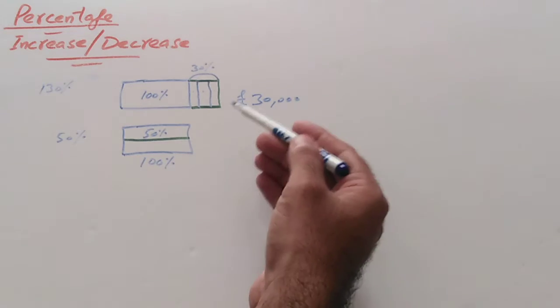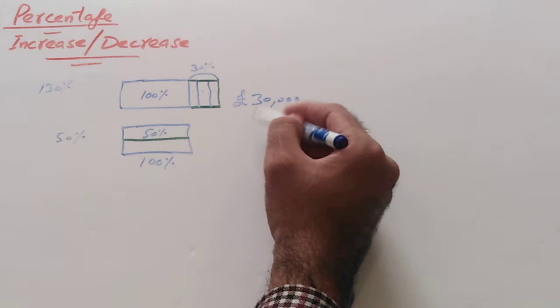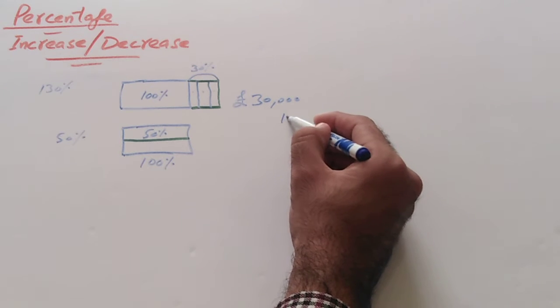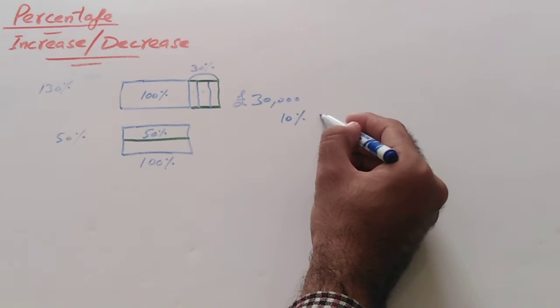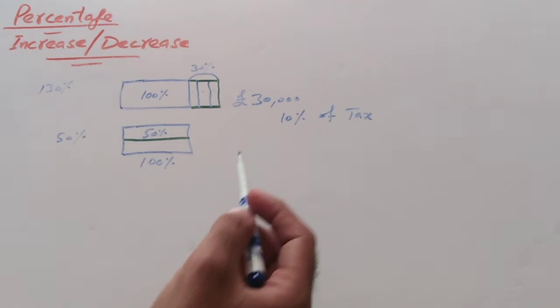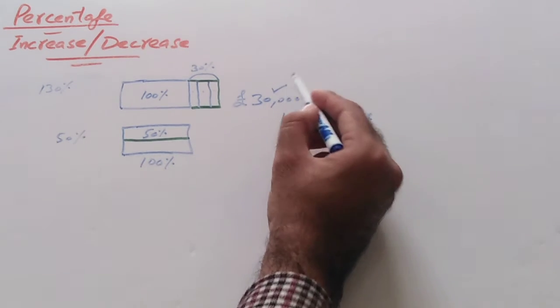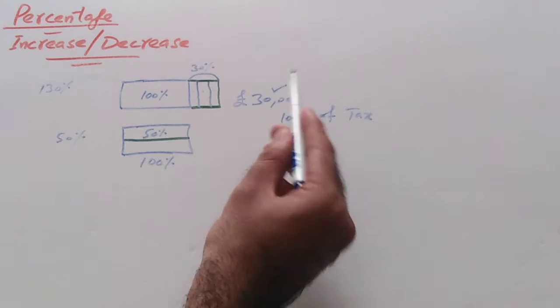Let's say you have to pay VAT or any kind of tax. So let's say if you have to pay 10% tax, will you pay more than 30,000? I mean, this was the actual price. So will you pay more than this price or less than this price?